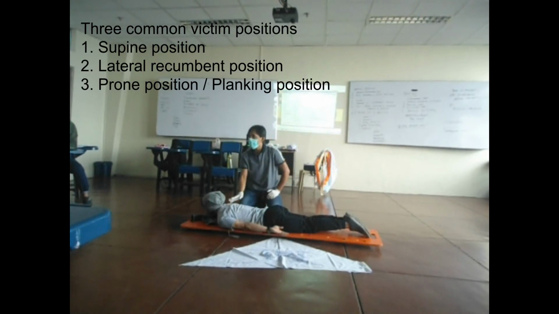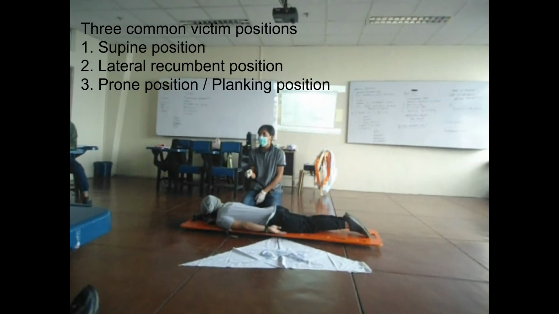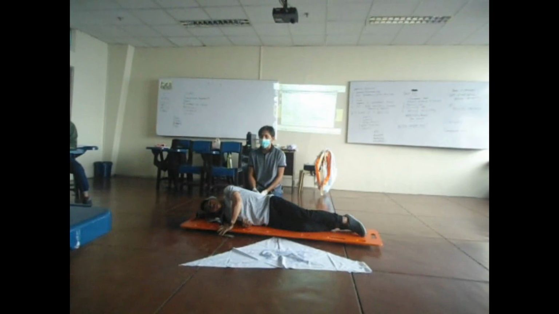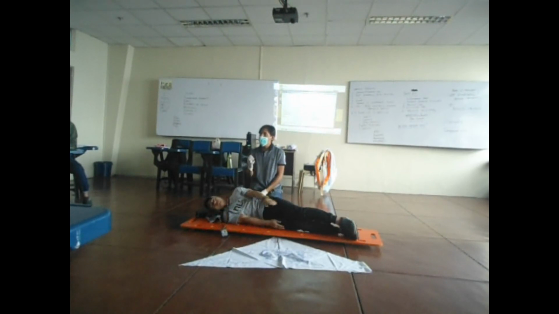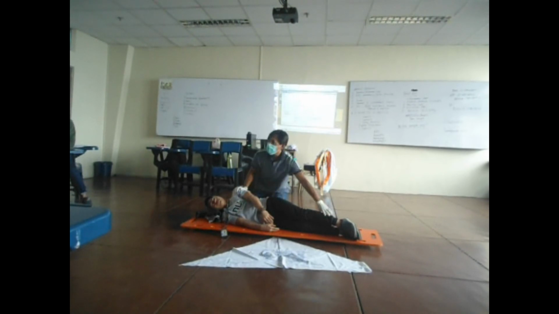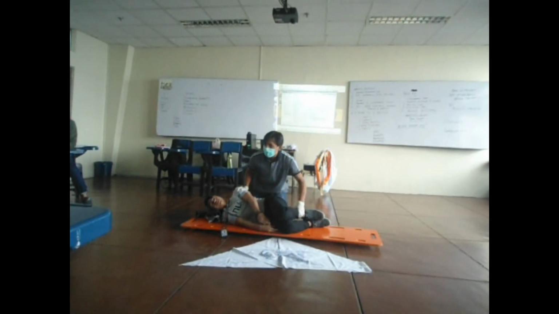Normally, some victims that you will see lying on the ground and conscious will be in a lateral recumbent position. What's the practicality of this position, guys? Why is a victim normally in this position? The victim is in a tuck position.